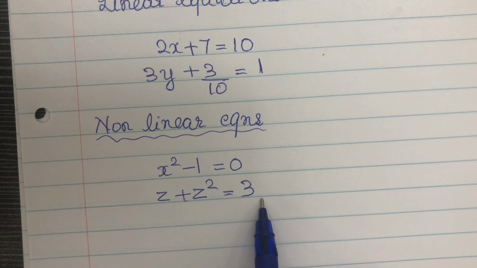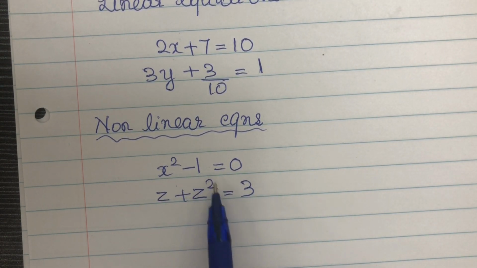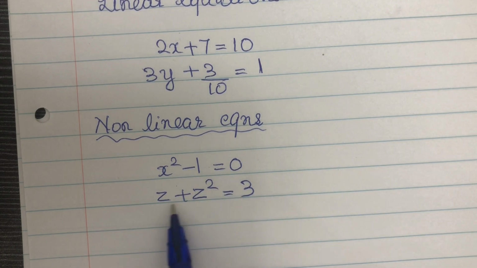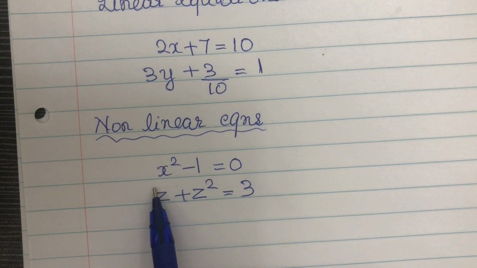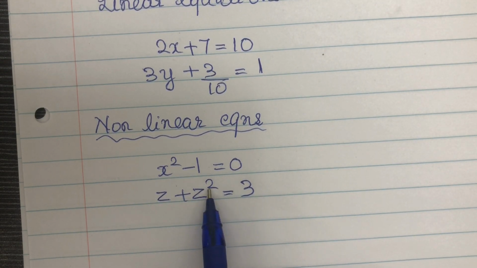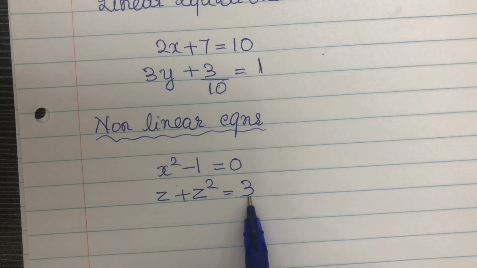And let's look into the second one, z plus z square equal to 3. Here z is having the power 1, but z square is having the power 2. So the highest power of the variable in the expression is not 1. So this is not a linear equation.